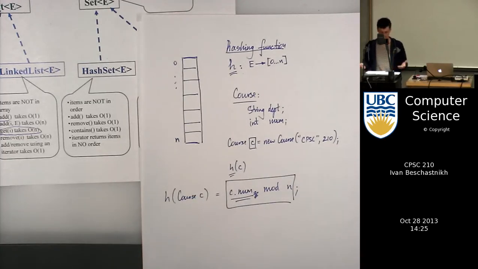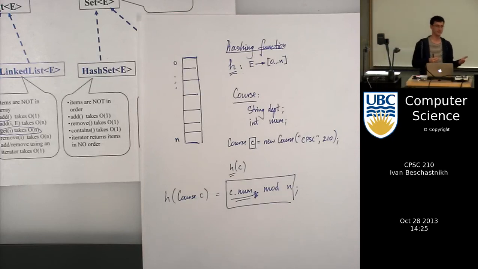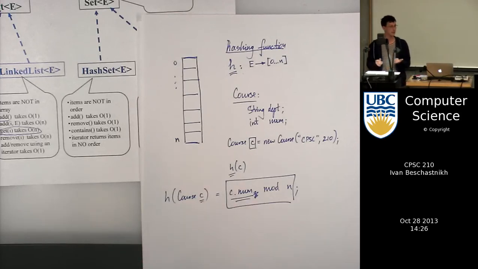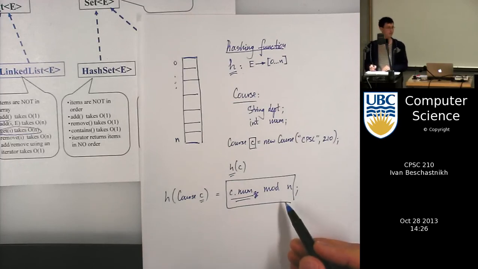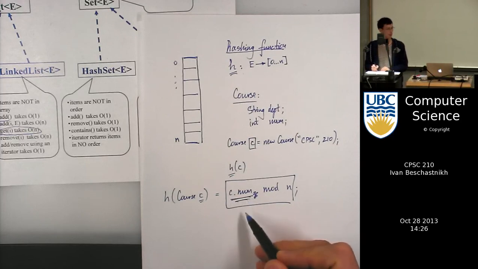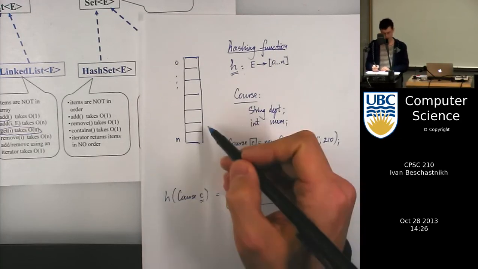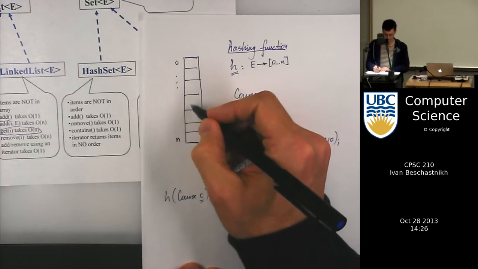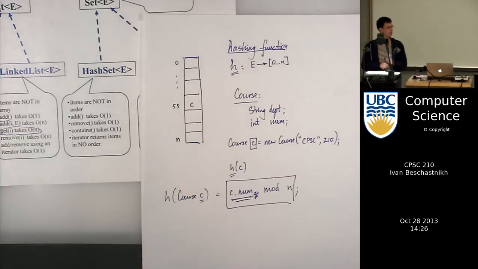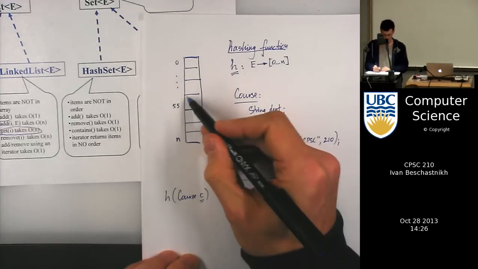So it's a hashing function because it returns a number between 0 and n. And it's consistent. So if I give it another course object that's the same, meaning it has the same department, it has the same number, then it'll give me back the same number, because C.num is going to be identical. So this will assign this course to some position here. Let's say 55. So we'll put this C into this little cell.